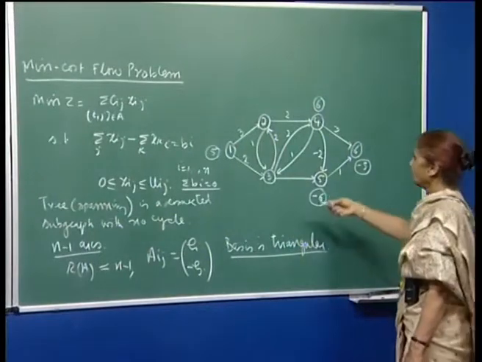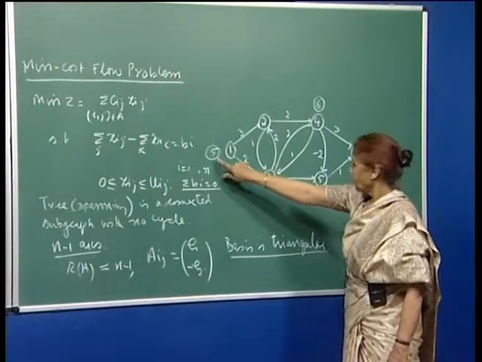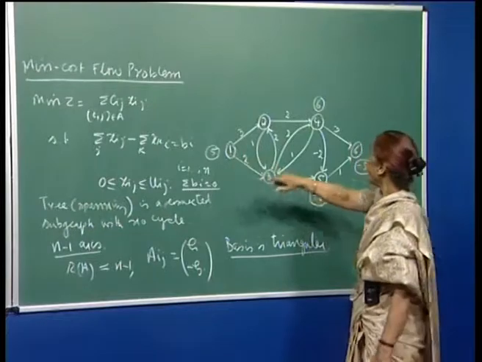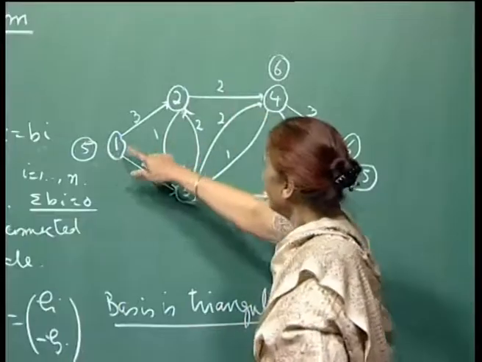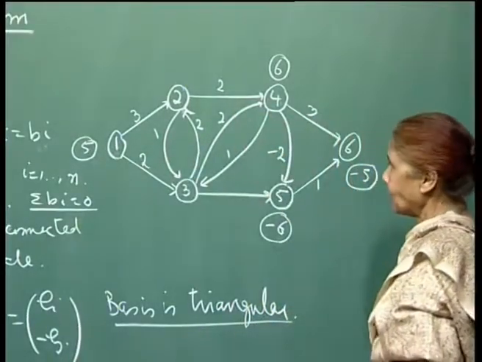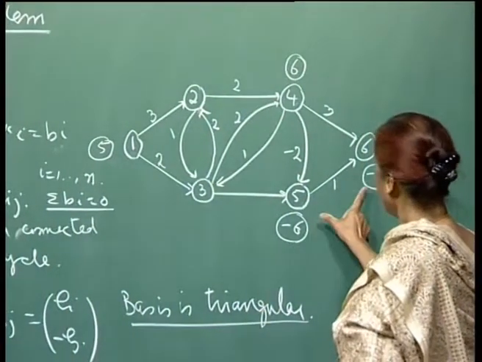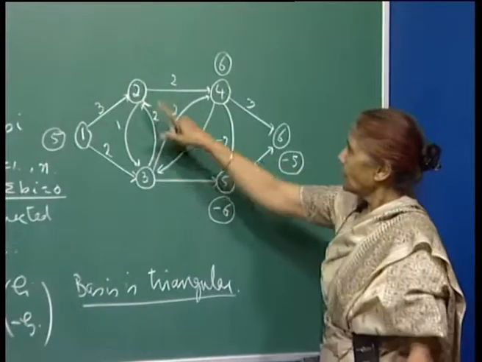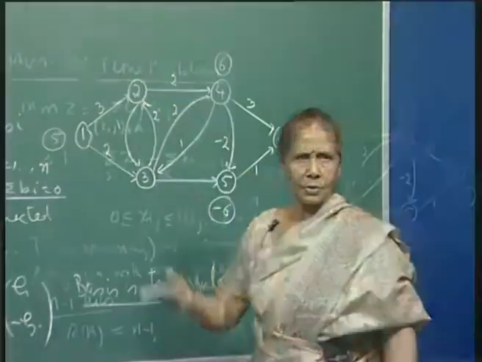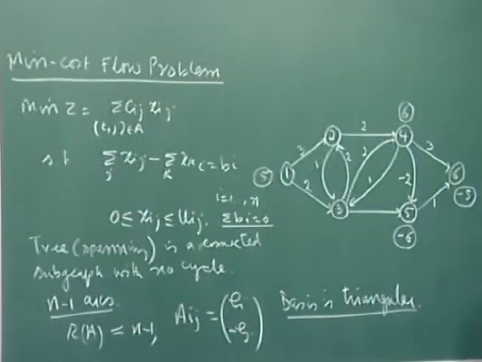Here, 5 units are available at node 1 and at node 4. They will be treated as our supply points, and at node 5 and node 6 amounts are demanded. But nodes 2 and 3 have no amount available or demanded. So, we will call these transshipment points.